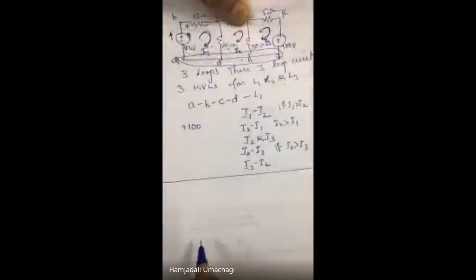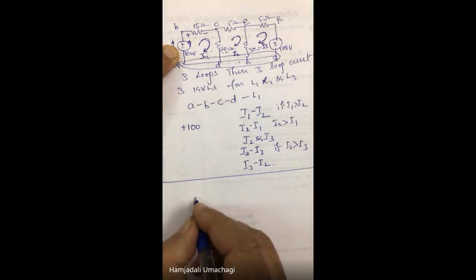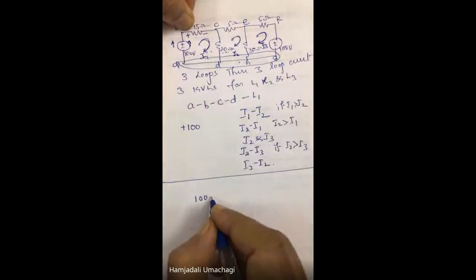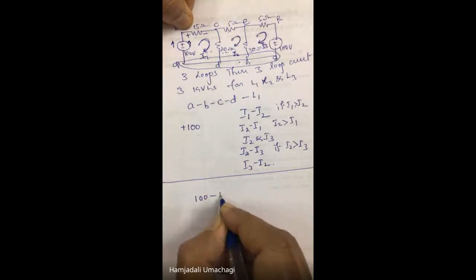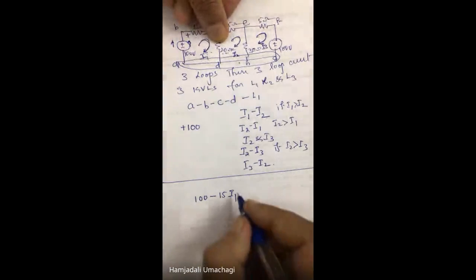Now I am going to write a KVL for the first loop. I'll start with the source. Just put a finger on the point while writing the KVL. 100 volt, moving in a clockwise direction. I1 entering into the 15 ohm resistor, minus 15 I1. One more resistor, that is 20.